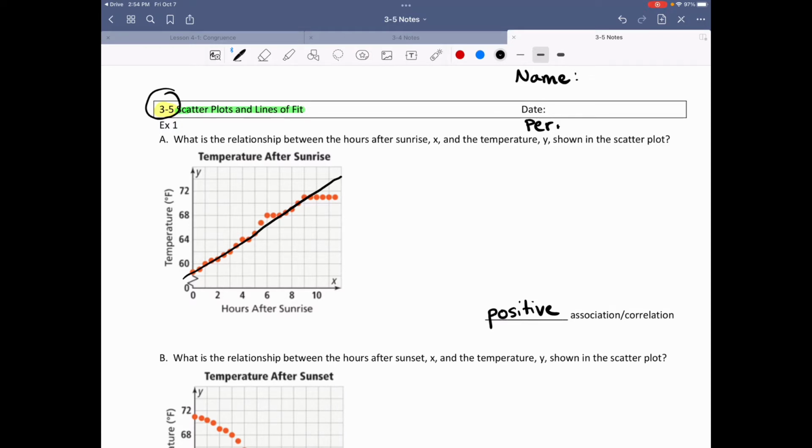So hours increases, temperature increases. And so if they both increase, then there is a positive association.